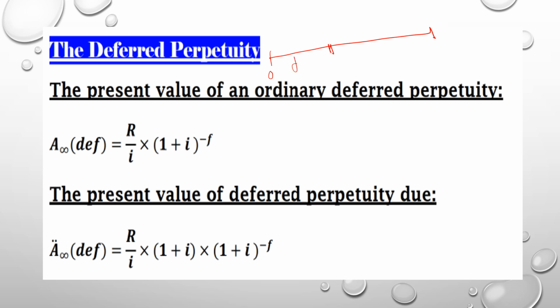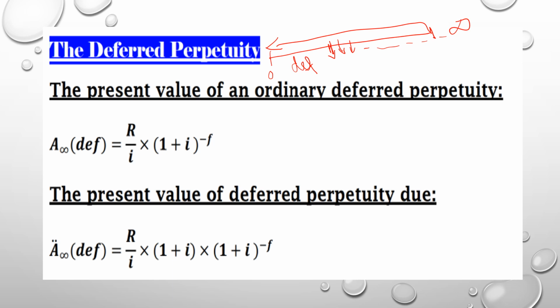After this period, the person can start the payment of the perpetuity, here is the perpetuity till infinity. So in this type of perpetuities, we have to get the present value of these perpetuities.